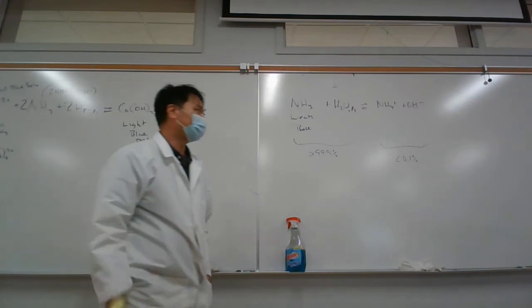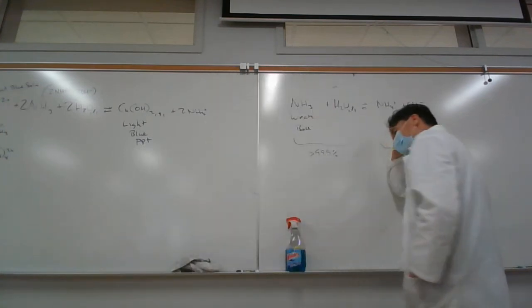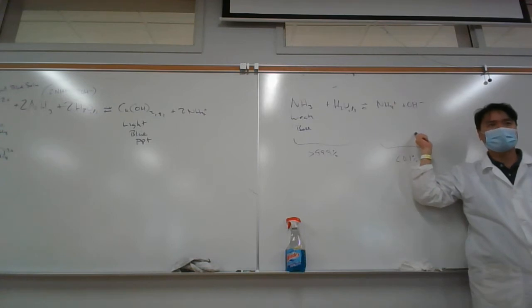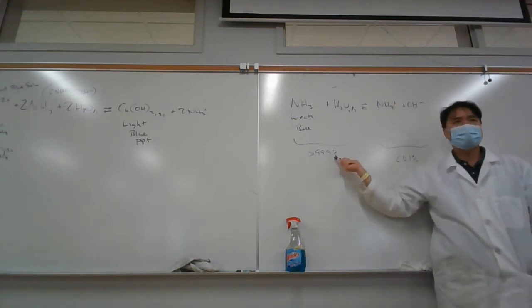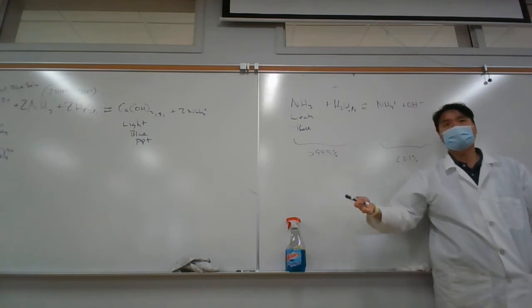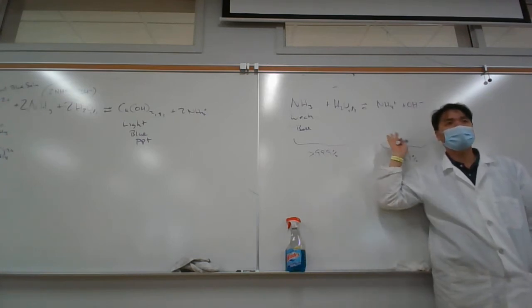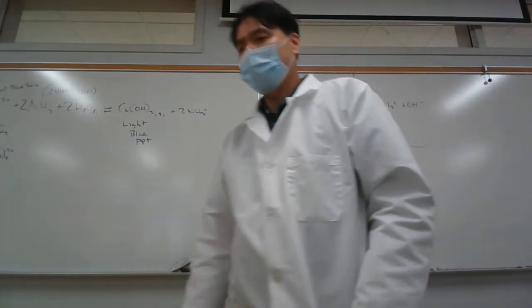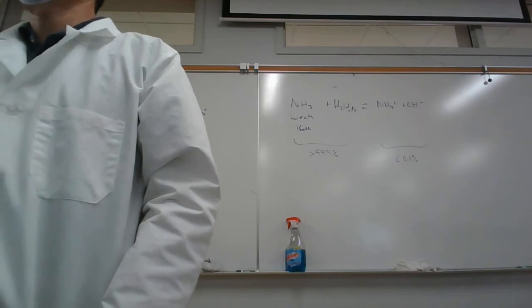I bring it home, and then I analyze it. When I analyze it, I see I only have 0.1% ammonium hydroxide, 99.9% ammonia and water. So what do I do? I return it because it's not the stuff I wanted. I wanted the ammonium hydroxide, and I got ammonia. So I return it, and they give me a new bottle.